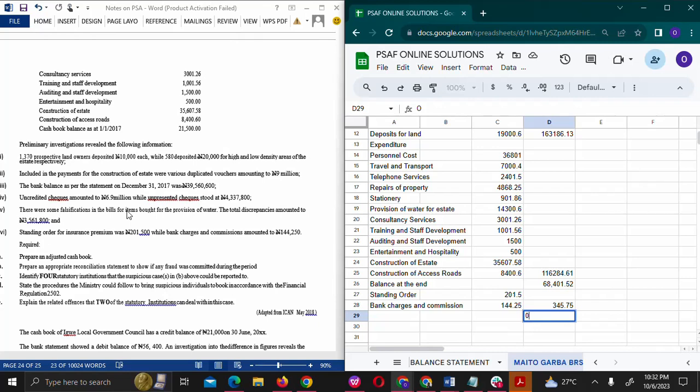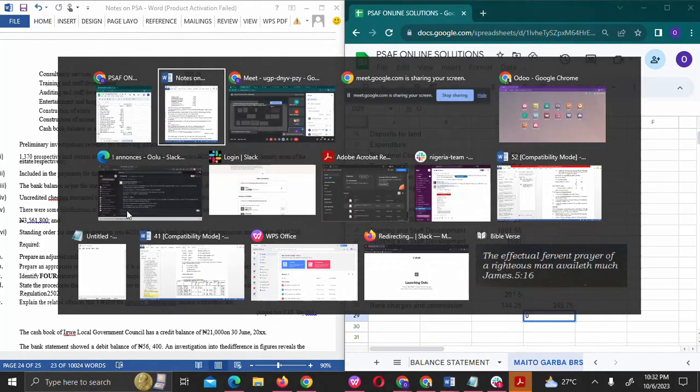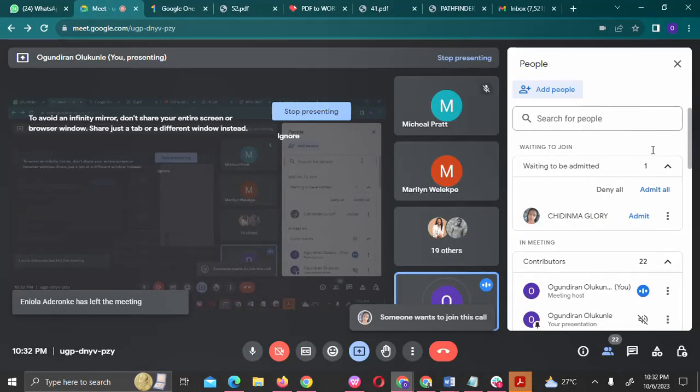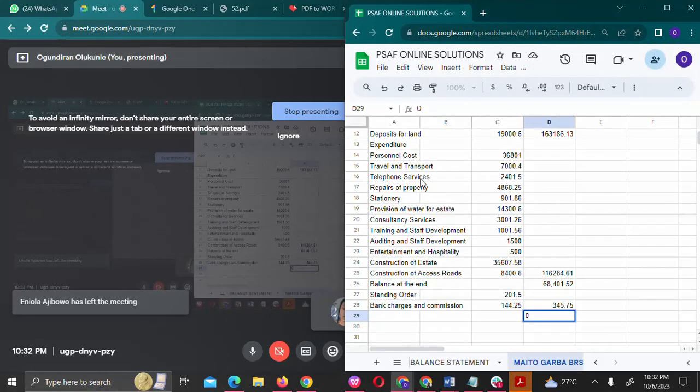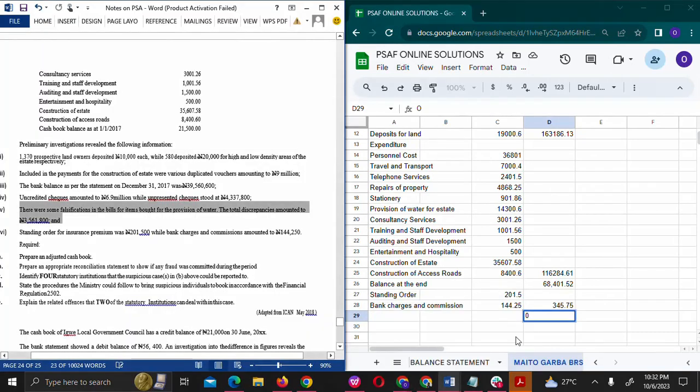That means you've given the bank an instruction to credit or you've gotten a check, and you've captured it in your cash book, but probably because of late submission, they were unable to capture that in the bank statement. So that's why you have uncredited checks and unpresented checks. Uncredited checks are already captured in your cash book, but not captured in your bank statement. Okay. All right, sir. Does it make sense to you?